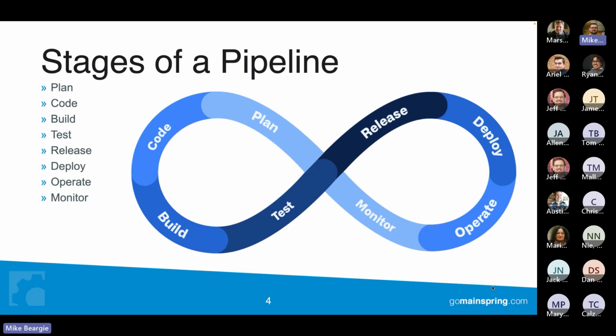Now, I borrowed this graphic from GitHub, so thanks to them for that. But this is essentially a pipeline, and you'll notice that it's in a continuous infinity symbol, not quite a circle.